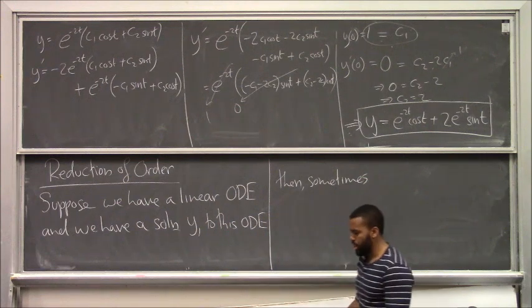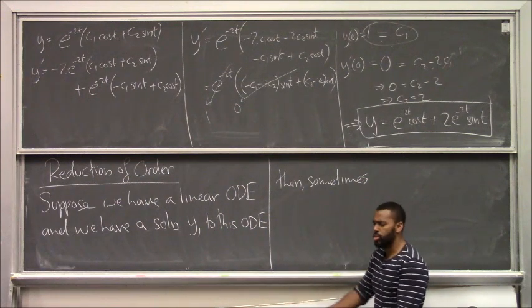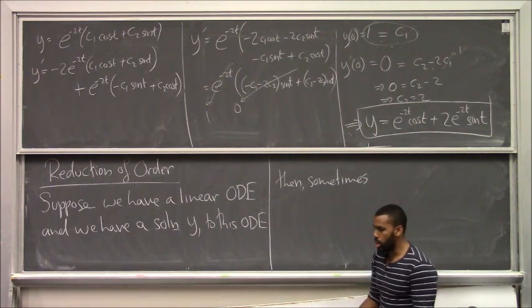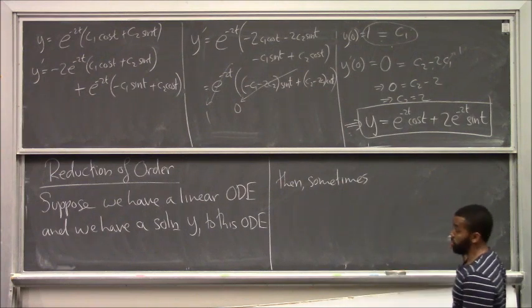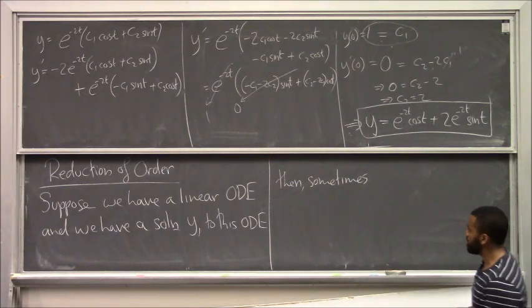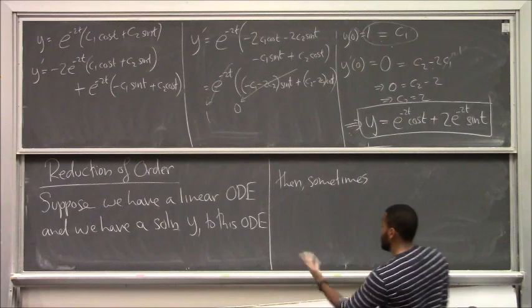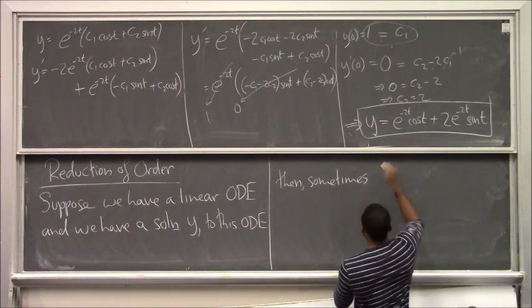Oh, I did something and I only found this many solutions. I know there should be more. Where do I go from here? Either you apply a whole other technique to try to find some other solutions, or you do this kind of process.